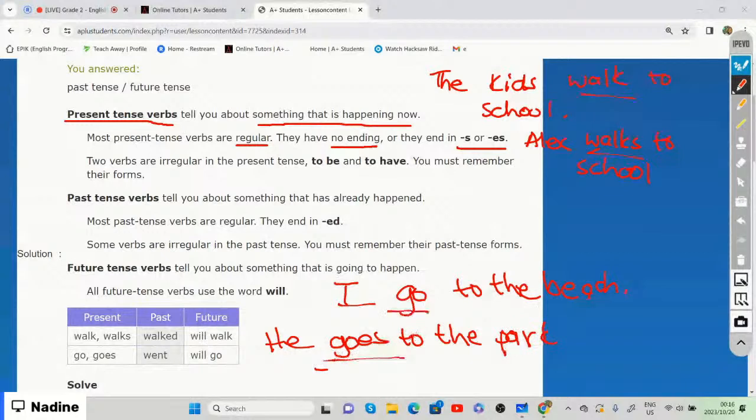There we have go and goes. I go to the beach, and he goes to the park or to the beach.